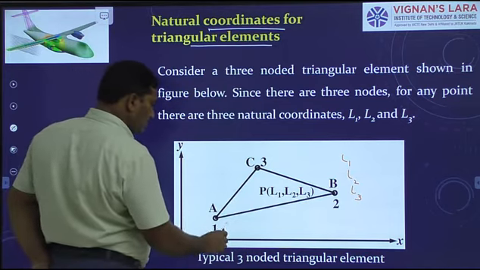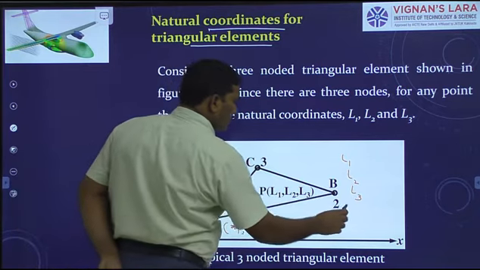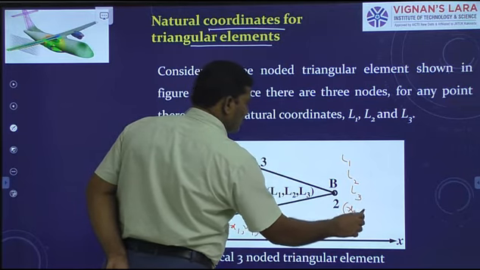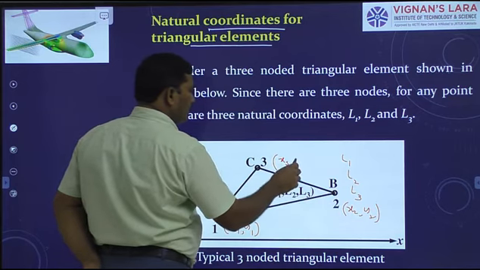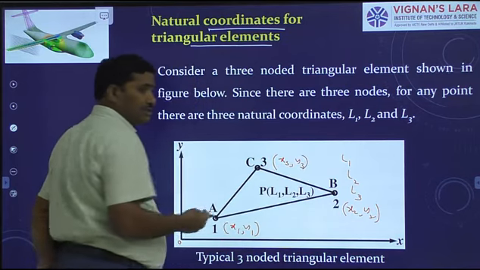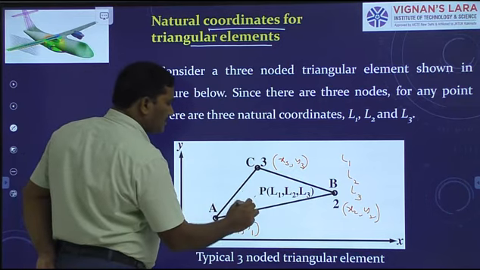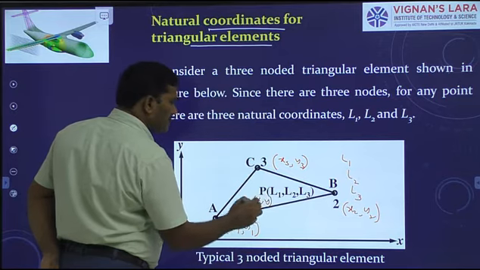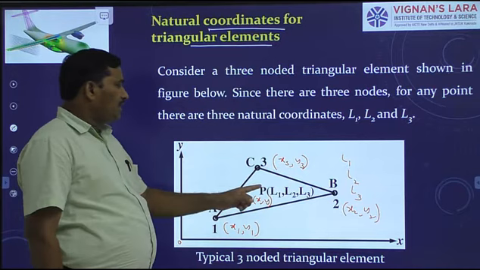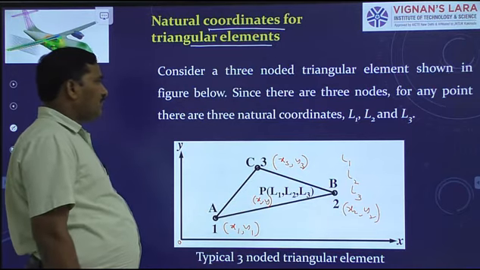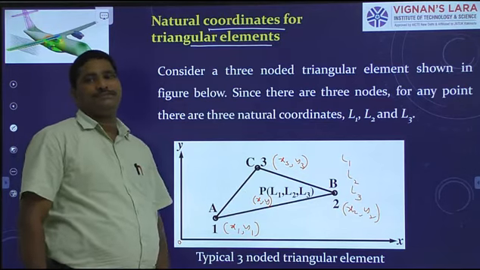Node 1 has coordinates x1 and y1, node 2 is specified by the coordinates x2 and y2, and node 3 is specified by the coordinates x3 and y3. P is the point of interest, its coordinates are say x and y. And L1, L2 and L3 are the natural coordinates at the point of interest P.